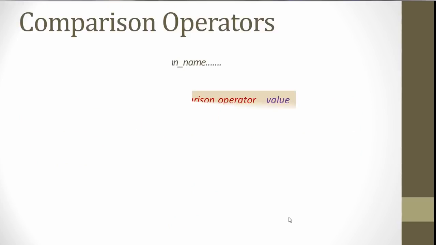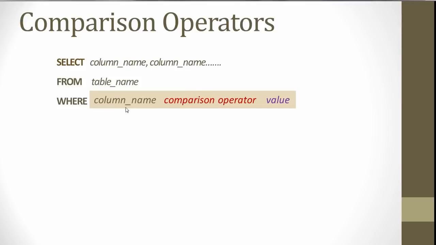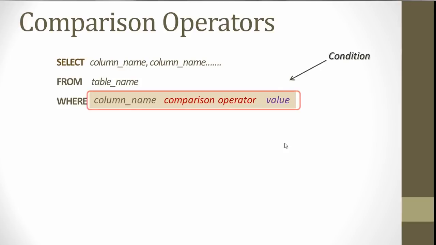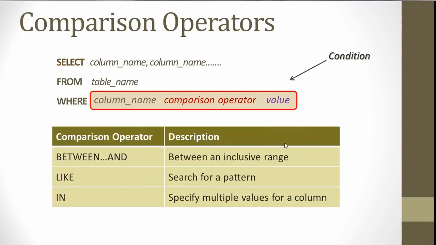Now in the comparison operators, let's look at the where condition. We have a column name, comparison operator and value. This is the general syntax for it. The column name, comparison operator, value is what we generally call a condition, and that's the terminology we'll be using throughout the rest of this class and elsewhere.